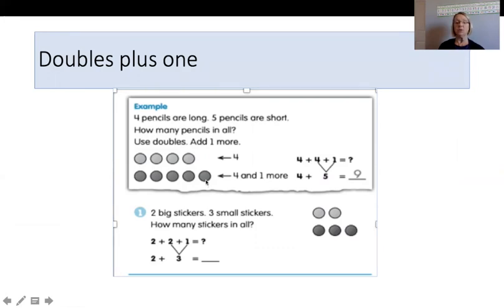This is called doubles plus 1. Here's another example. We have 3 small sticks, which we can call 2 plus 1. So 2 plus 2 plus 1 equals 5. So we made it a double plus 1.